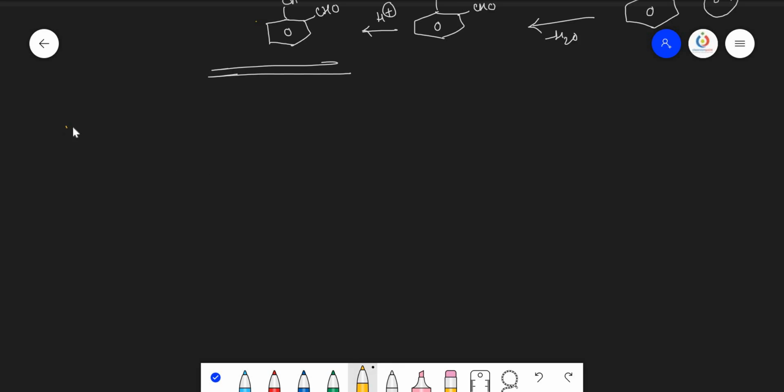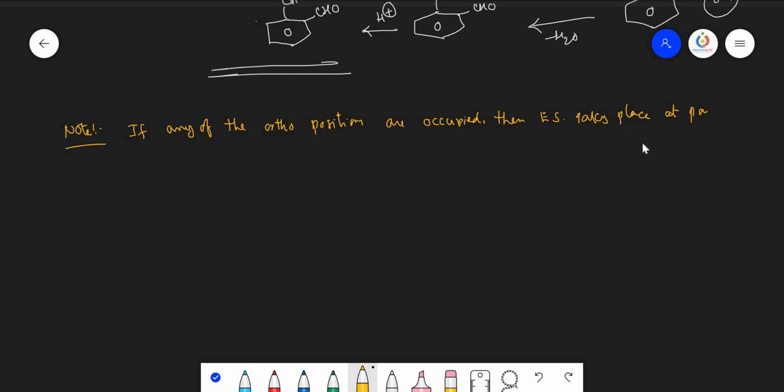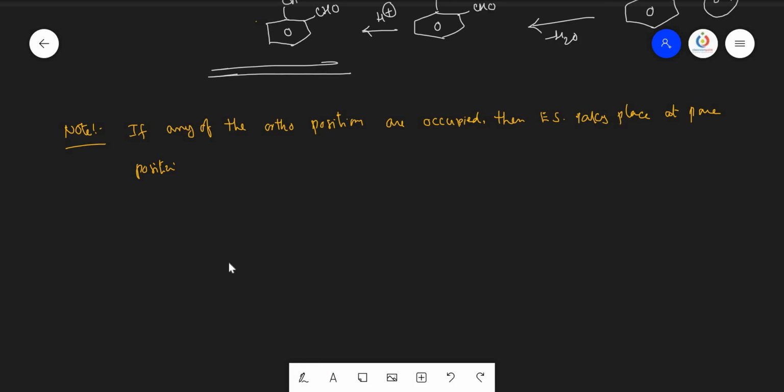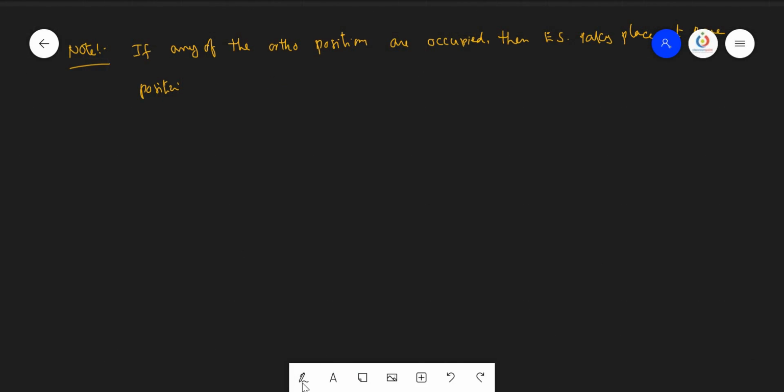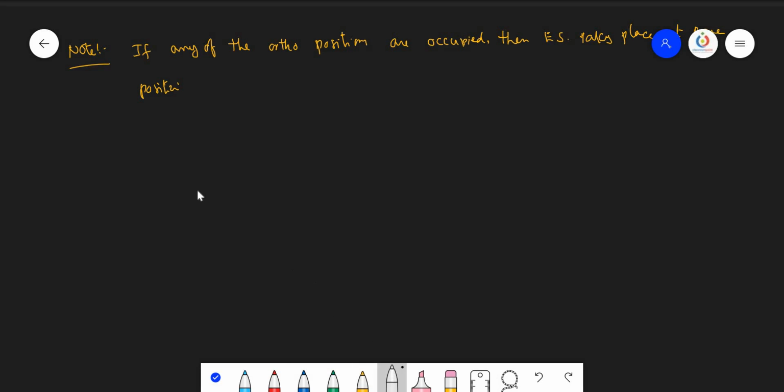So note, if any of the ortho positions are occupied, then electrophilic substitution takes place at the para position. I'll take these examples also now.